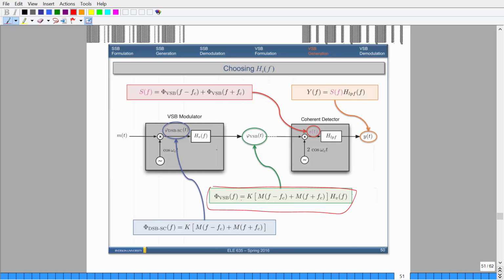What's happening here is that if this is the equation for the VSB, and I decide to shift this by f_c, then you take this expression and delay it by f_c.